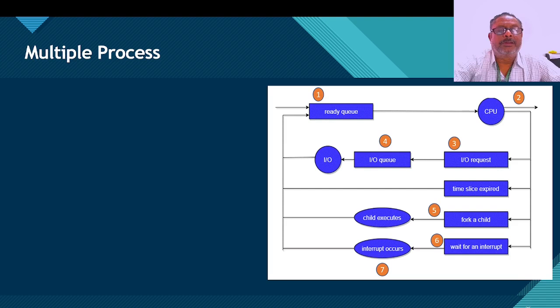So we can look at the same situation in another way. We have a ready queue. All the processes which are ready to be executed will be available in the ready queue, and the one which came earlier in the queue is allotted the CPU. If it has completed its job, it just moves out, or it may stop execution for reasons like the process asking for some I/O request.